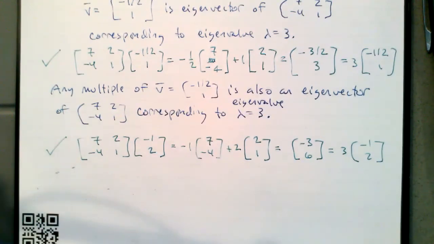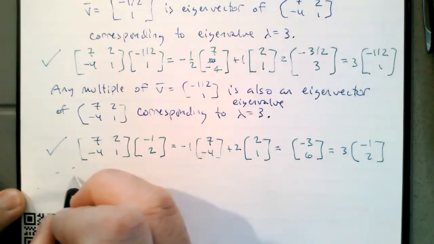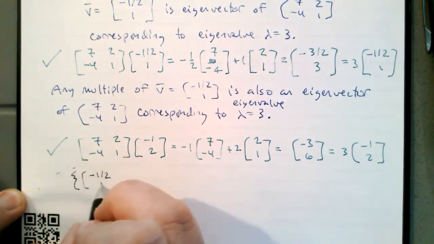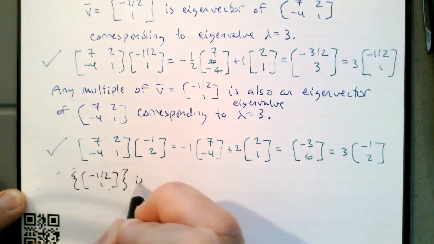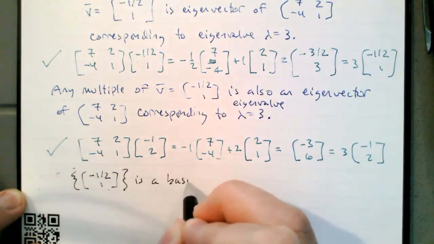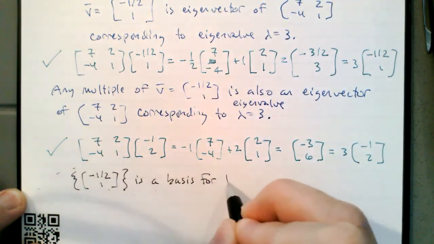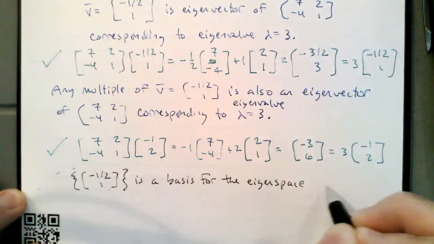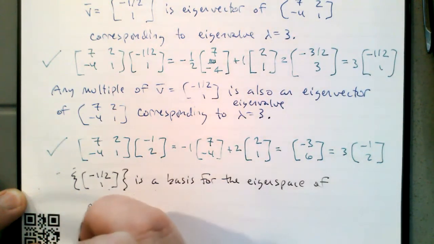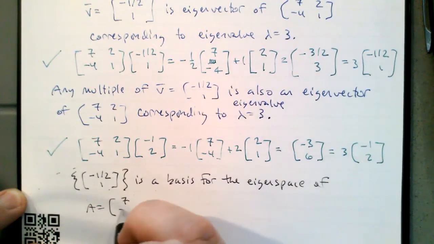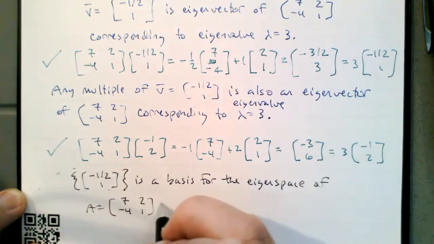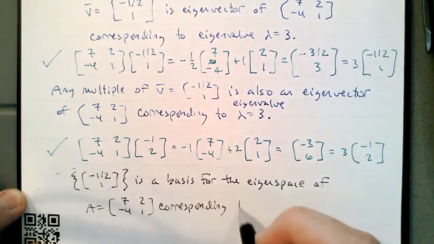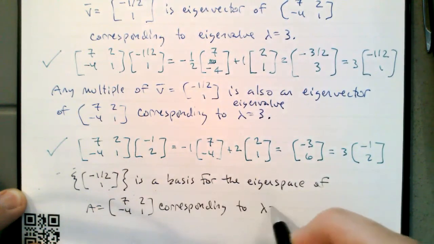So we can combine all this and say that the set containing this vector is a basis for the eigenspace of A corresponding to eigenvalue lambda equals 3.